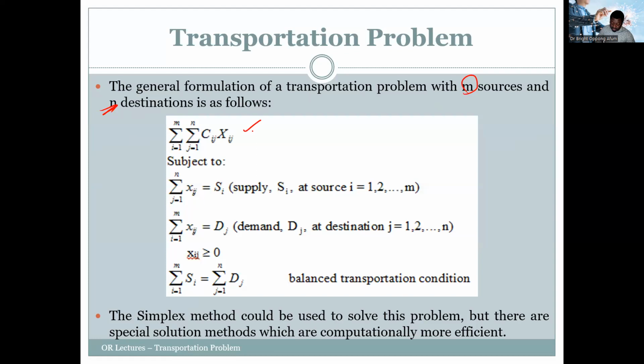So this has the objective function, and we have the various constraints.